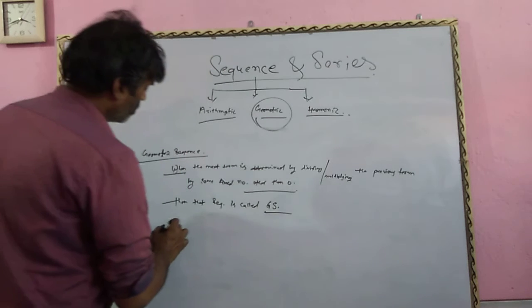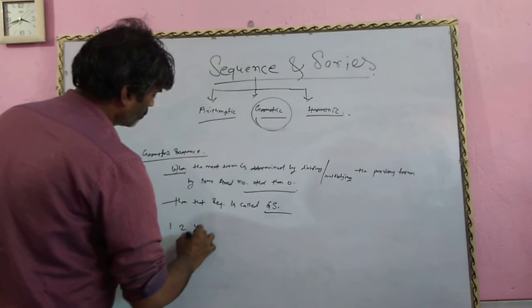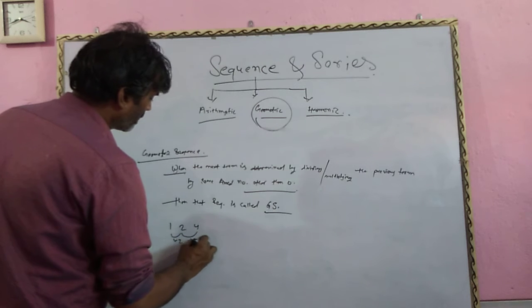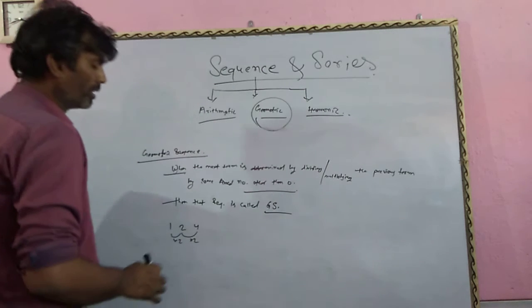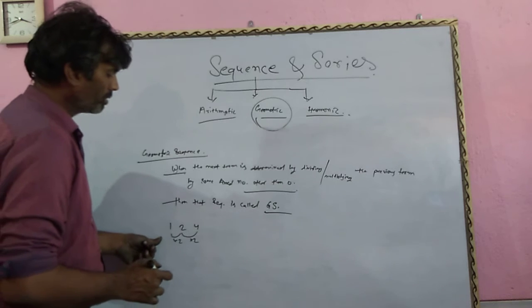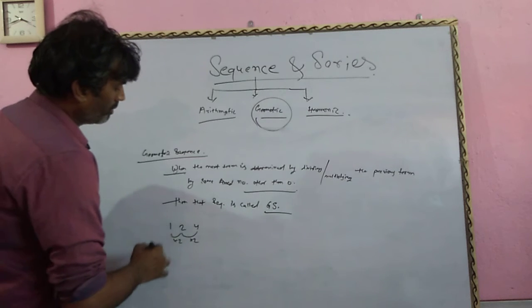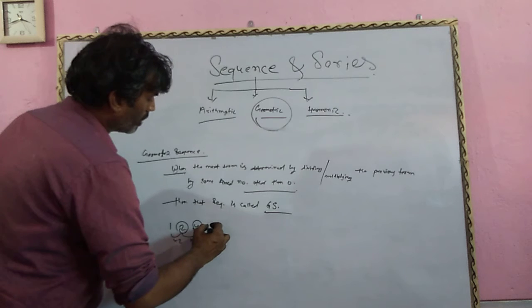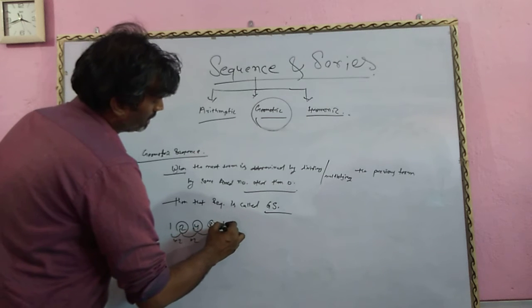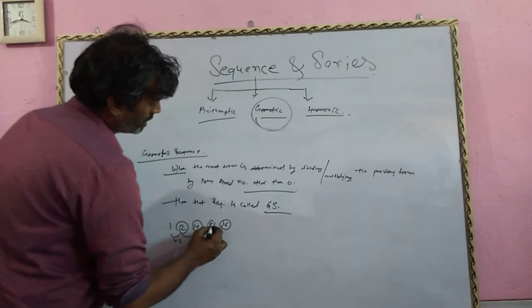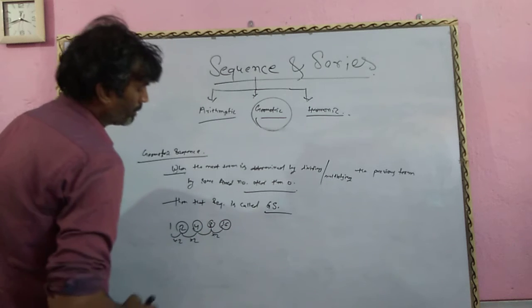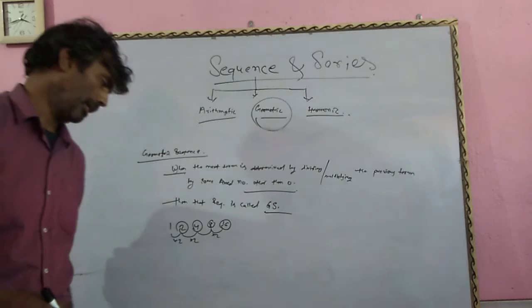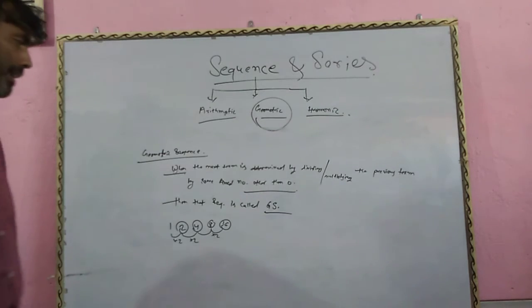For example, 1, 2, 4: we are multiplying every previous term by 2, and when you multiply by 2 you get the next term.